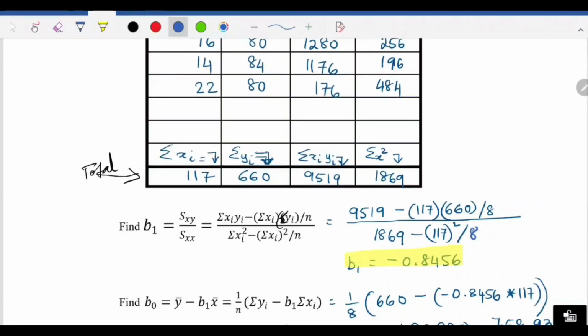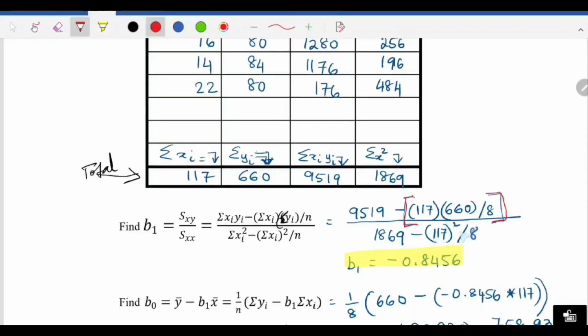And make sure you again punch in the right values in the proper order of operations in your calculator. All right, this should be calculated first, and then the result of this here should use a different color. So this multiplication and division comes before addition and subtraction. So you have to calculate the value of the second expression first in the numerator and then subtract it from 9519.